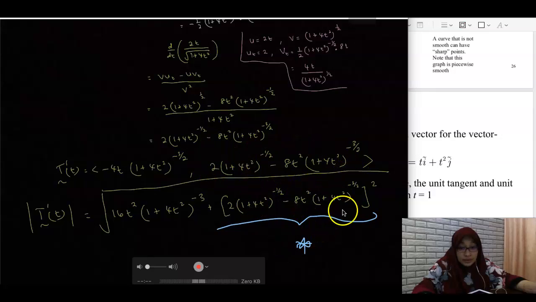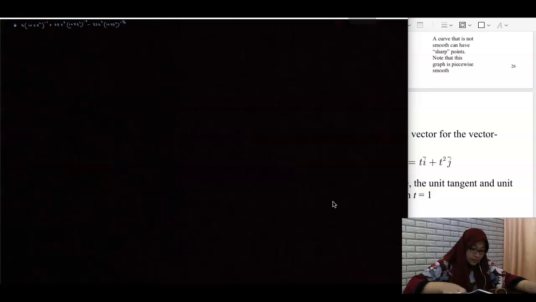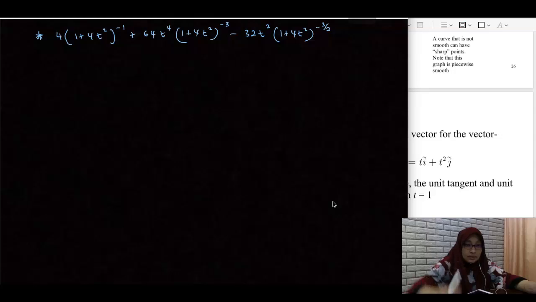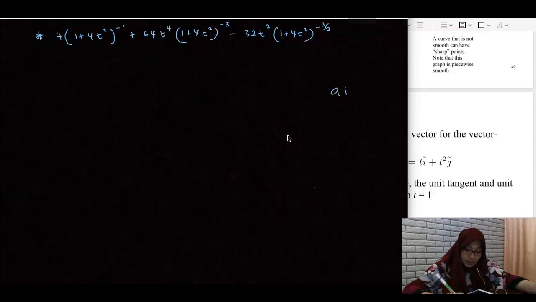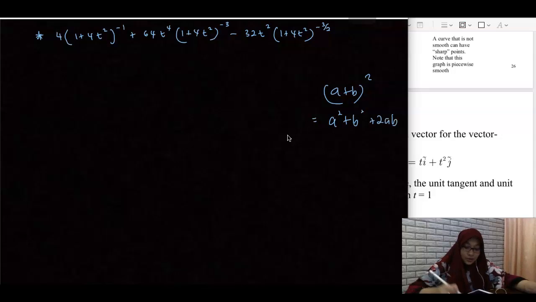Okay, so now I focus on this, then I obtain that we have that thing. I'm using the formula of (a plus b) squared, so we have a squared plus b squared plus 2ab. Not just a squared plus b squared, so that is wrong.